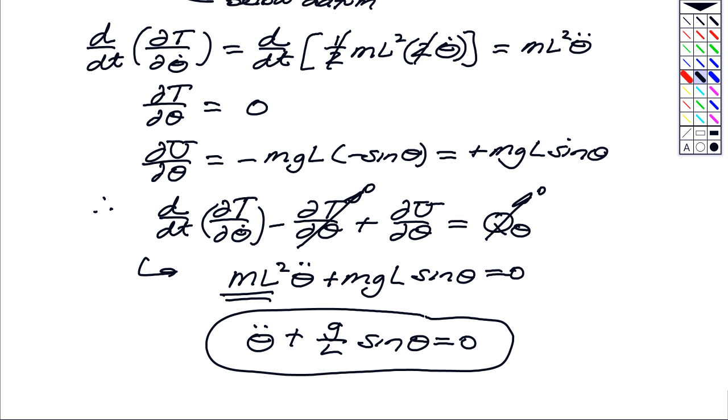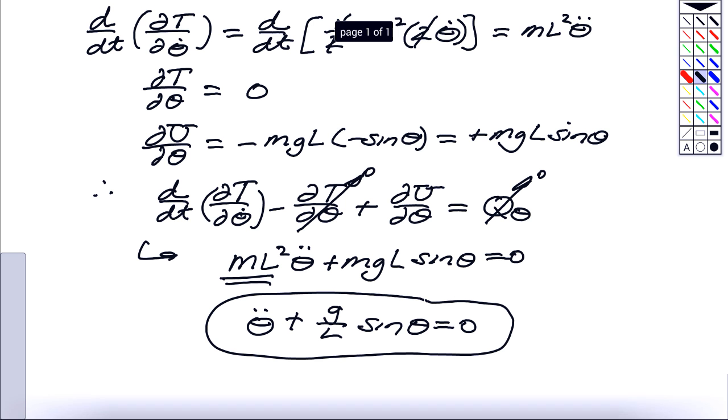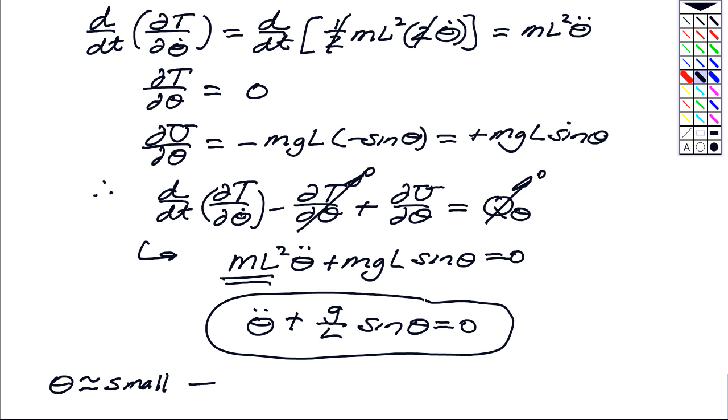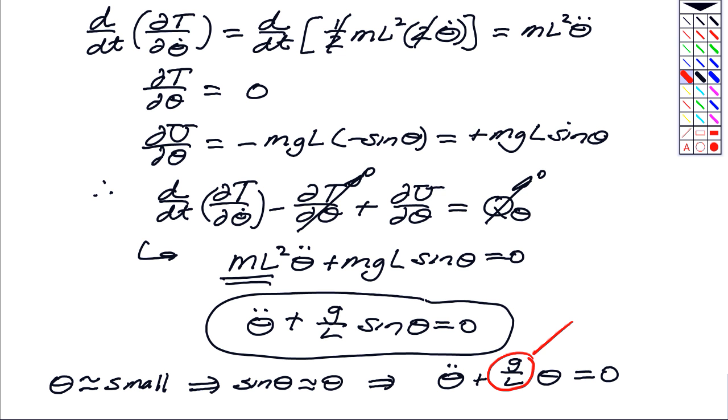And so by putting it in the form that I have, what we can say is that when theta is small, sine theta is approximately the angle itself. We get theta double dot plus g over L theta is 0.